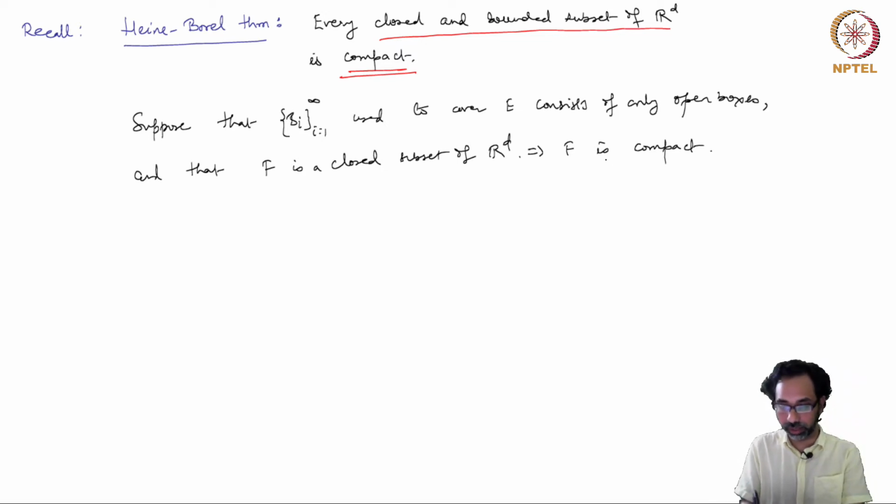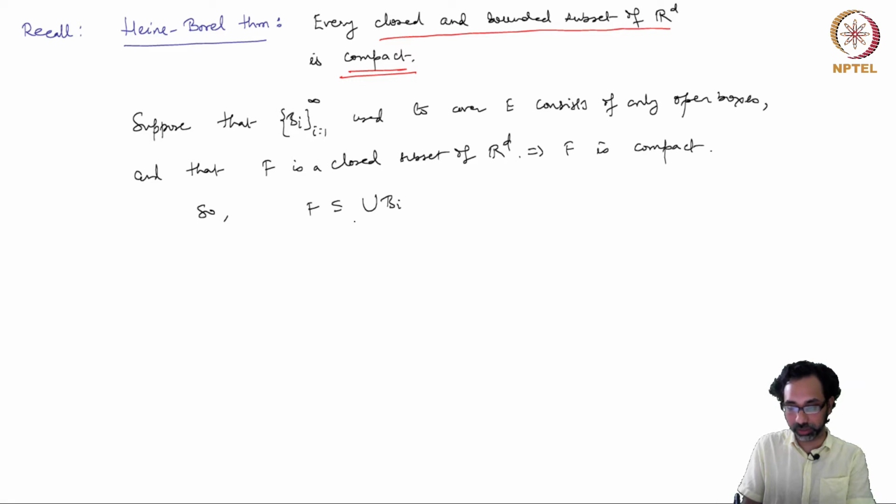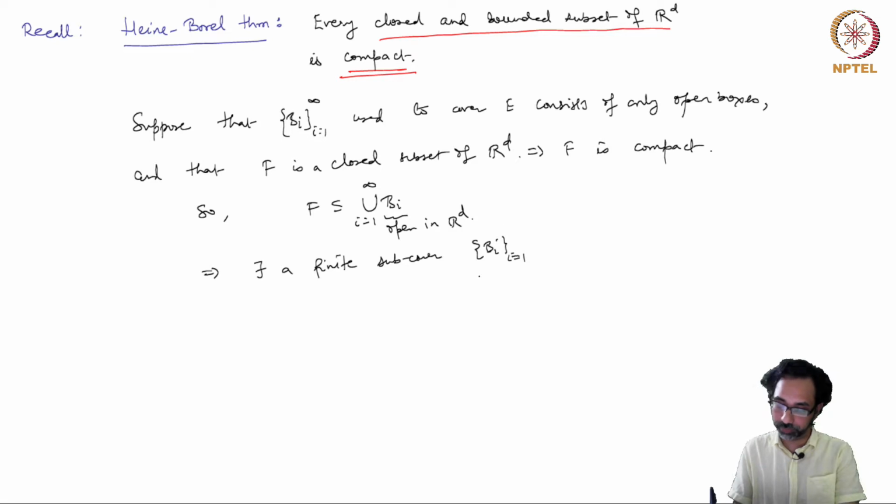and so F is covered by the union of these boxes B_i, and each box is open in R^d. Because F is compact, there exists a finite subcover of these open boxes B_i, up to reordering, up to reindexing.